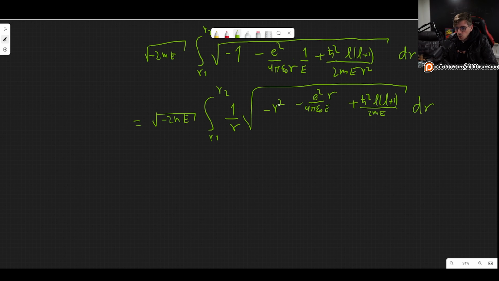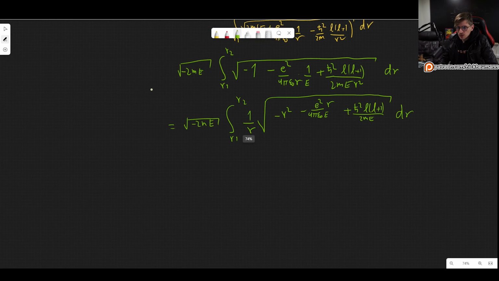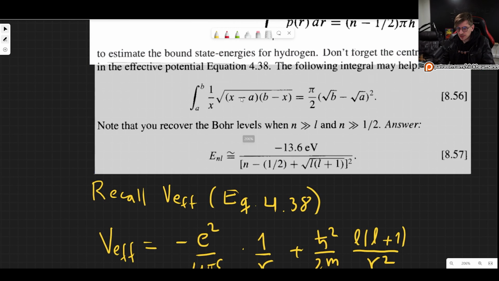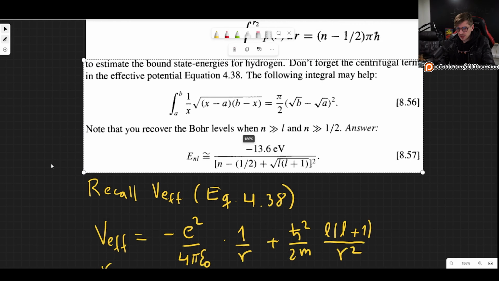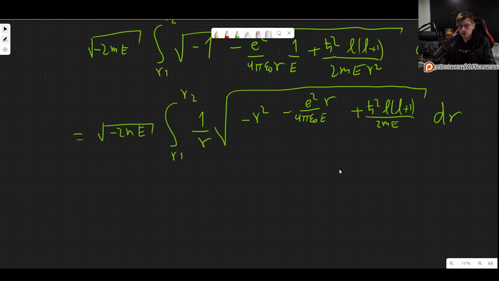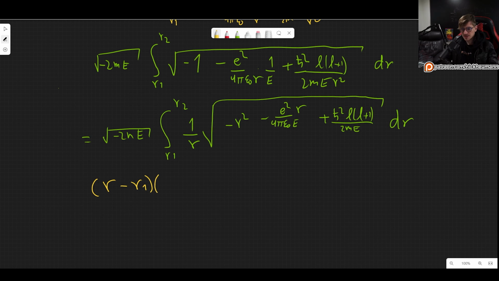Now we want to change this into something that is basically, as we can see here, x minus a, b minus x. So kind of separating this polynomial into its roots. So we know that any polynomial can be written as the variable, in this case r, minus one of its roots times, and now it depends: it is r minus r2 in the case when this thing here is positive, right?